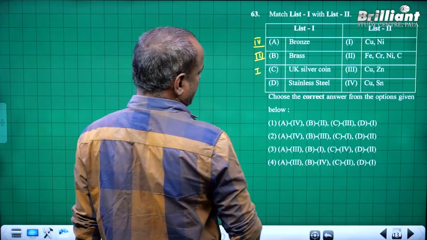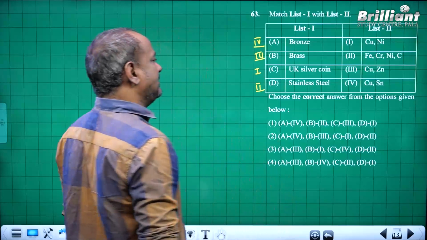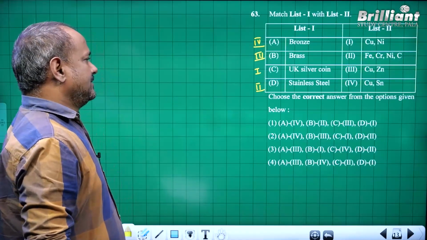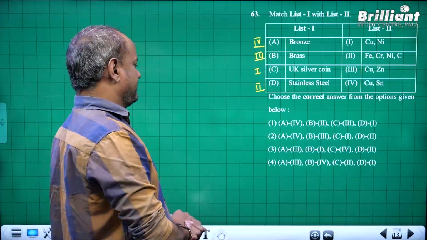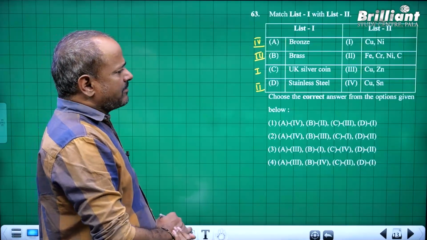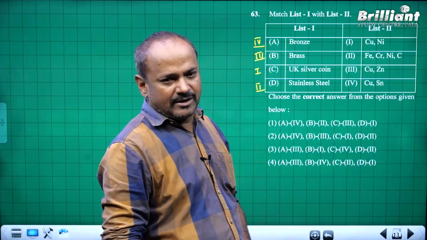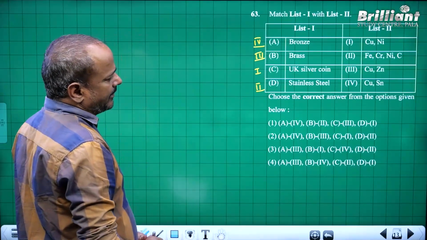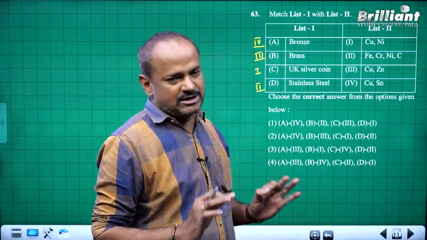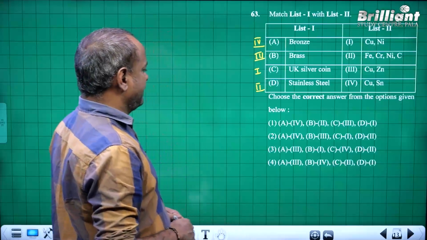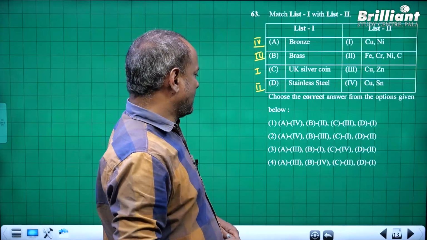Stainless steel, iron, chromium, nickel, carbon. D block elements. Same list in the D block element chapter, same examples only. Maximum this type of memory based questions are given from the NCERT only. So you don't need to read the other examples which are not covered in the textbook. So textbook examples enough. Okay, so A4, B3, C1, D2, option 2.